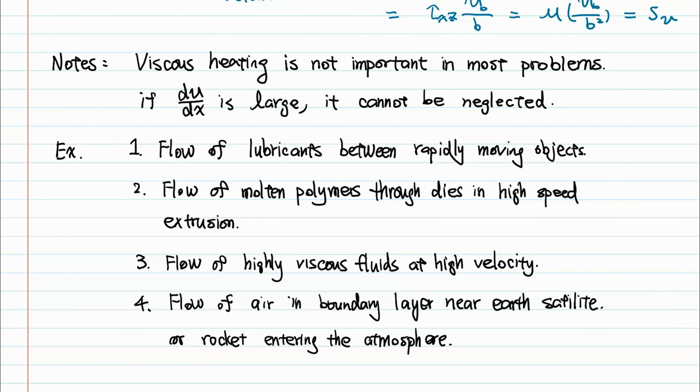It will be more and more important in future aspects, like think about SpaceX, right? SpaceX is always going to the outer atmosphere and returning, and that means it needs to consider the friction of air at the boundary layer when it's re-entering Earth's atmosphere. And how do you know the heat that's going to be generated? That means the material you're going to use needs to be able to stand that type of high temperature.